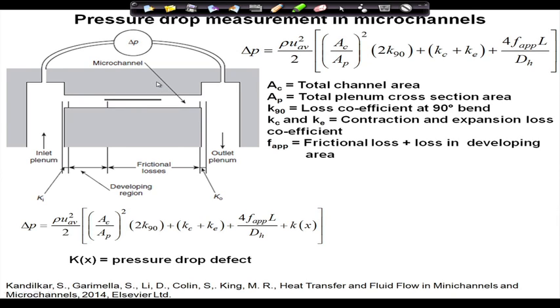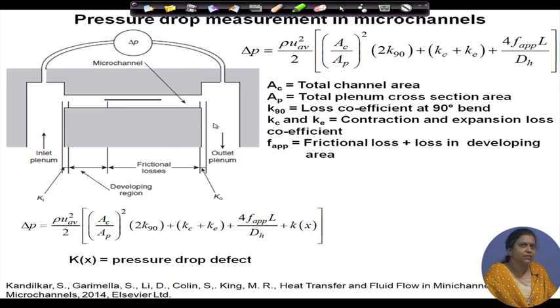What we do for larger channels is to have two pressure tappings in the region which we consider as fully developed flow, and then we measure the pressure drop there, but that is not possible for micro channels, and this is the conventional thing which is usually done. Now, with this technique, we find that there are quite a number of limitations and uncertainties associated with the pressure drop measurement in this particular case.